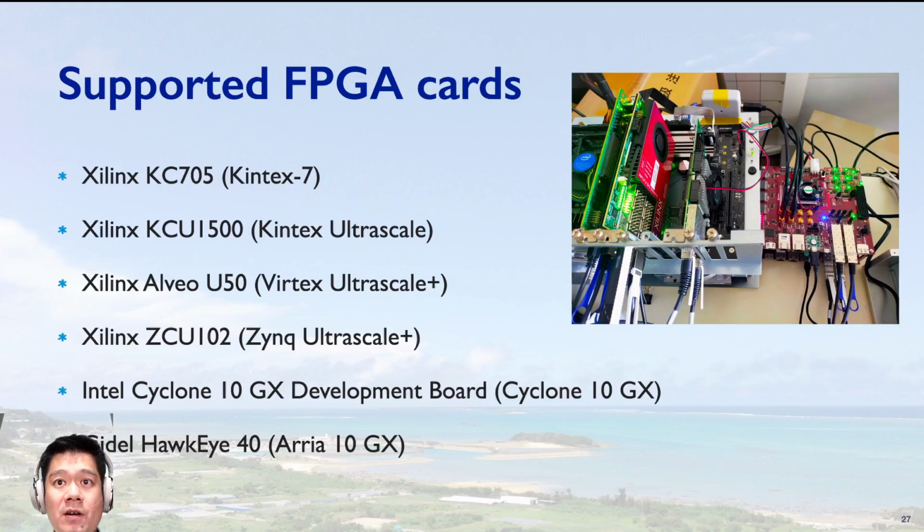And here is a list of supported FPGA cards. There are many similar FPGA cards, so porting to a new card is not very difficult if you see the source code or ask me to port.